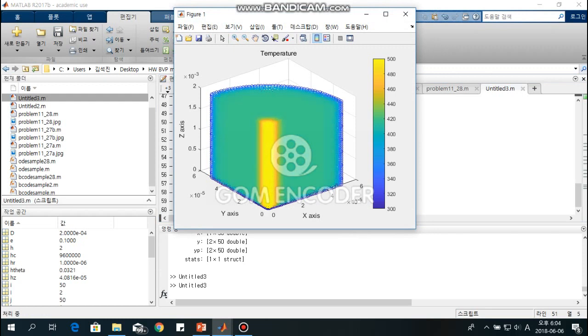We put 300 Kelvin at the bottom, so as you can see, there will be an inclination. You can see the inclination.